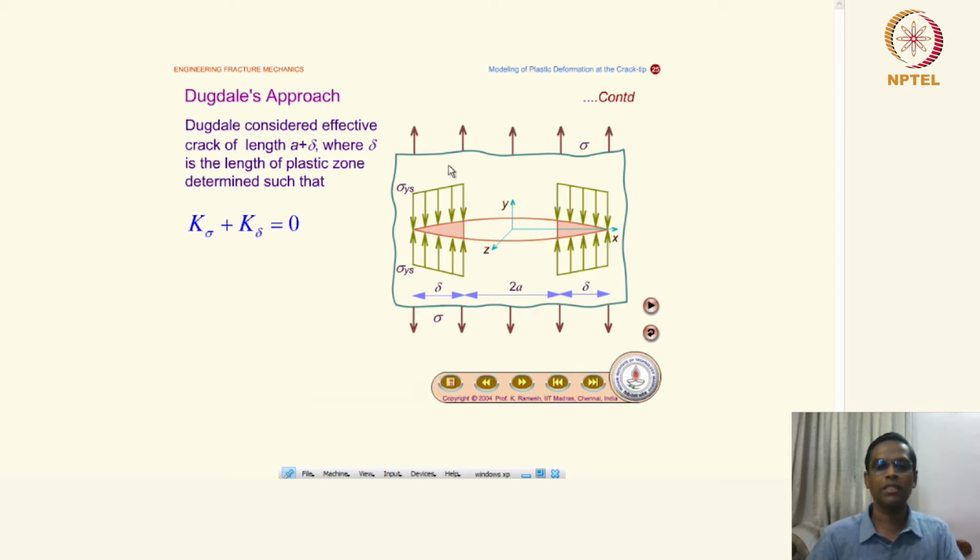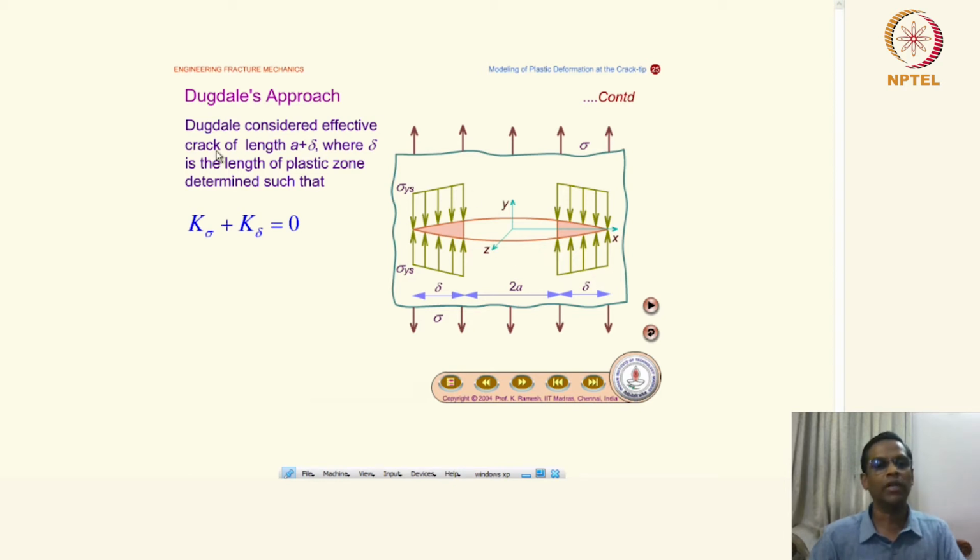Though the plate is subjected to uniaxial tension, at the plastic zones at the two tips, some compression by the plastic stress, σys, is acting in the opposite direction to the far field stress. Okay, so we will see how to handle this.